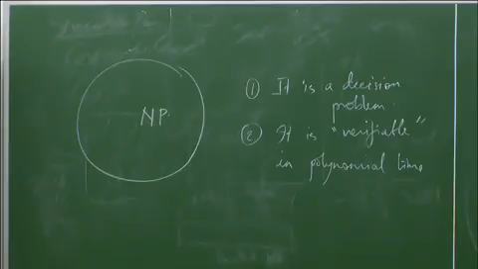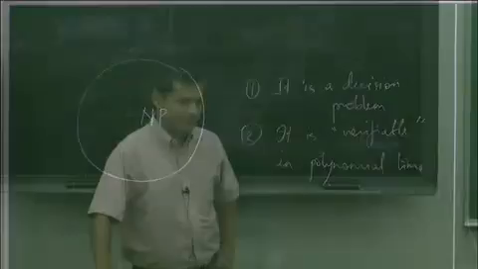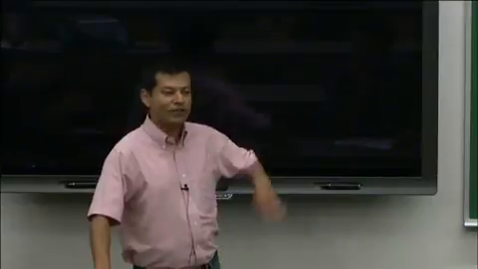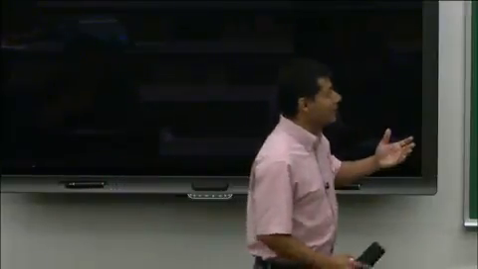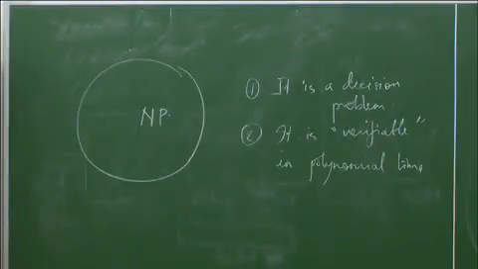So before we get into things, any questions about the way we have been going about this particular topic? Do you understand what it means to be verifiable as opposed to solvable? How many here still do not understand what I mean by verifiable? Okay. So essentially, there are some problems that are solvable in polynomial time.